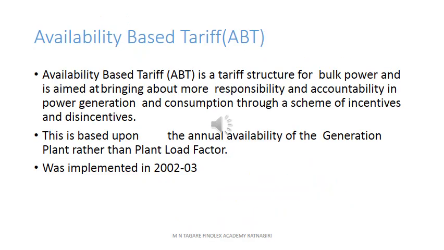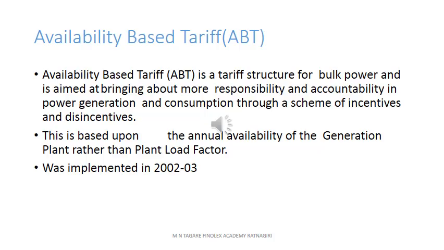Now let us study what is availability based tariff. This availability based tariff was implemented in 2002-3. Before that, what was happening? There were no rules or regulations about generation and consumption.